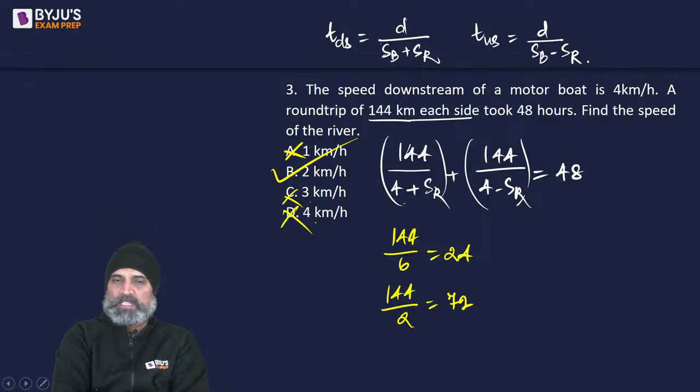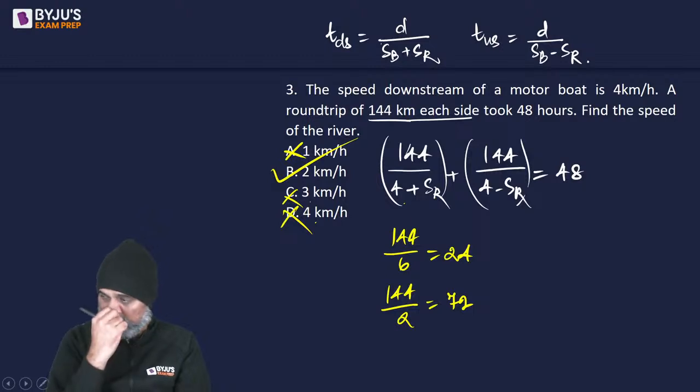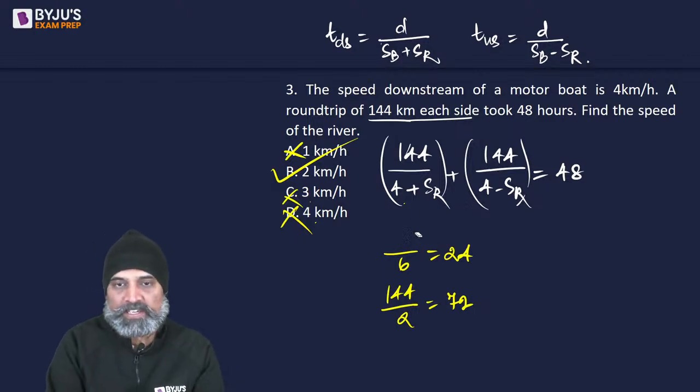So it should be much less than 24. For that, we need to have a higher value. It shouldn't be that also.